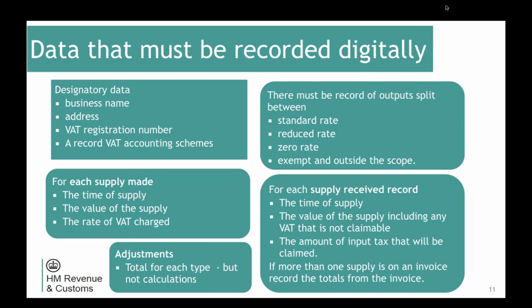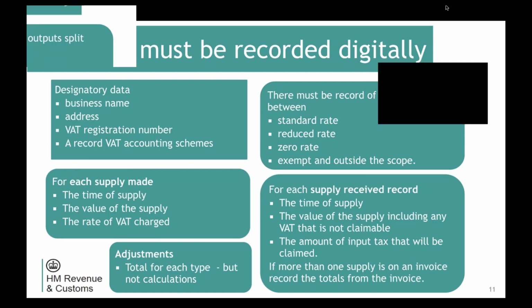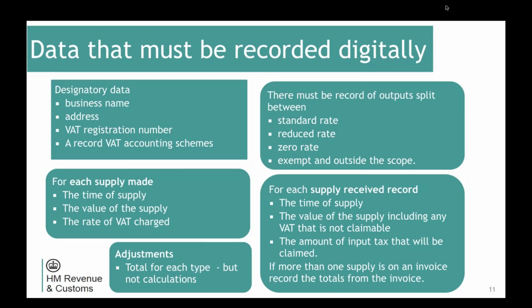When you don't know how much input tax to claim, for example, if it will be subject to a partial exemption calculation, you have a choice of what to record. You record the total amount of the VAT on the invoice, no VAT at all, or an estimate of the VAT you will recover. You will need to do a calculation to claim the correct amount. If there is more than one supply on an invoice, you can just record the totals from the invoice.